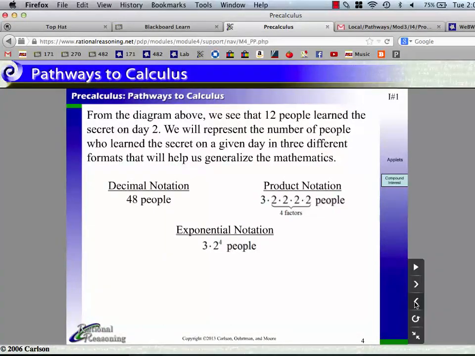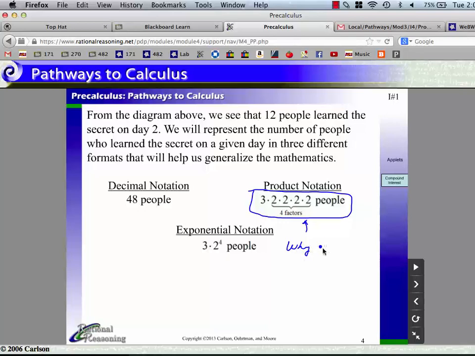All right, so let's talk about what's going on here. Here's the product notation for the 4th day, right here. My question is, why does that calculate the number of people who learned the secret on the 4th day?